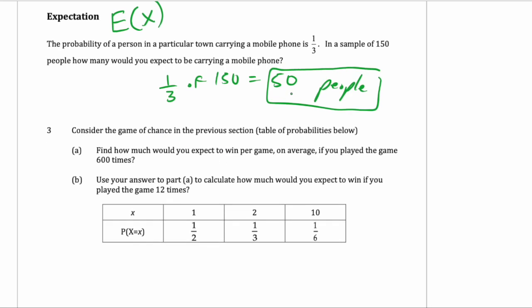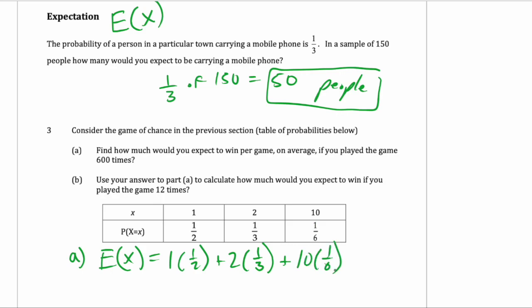So that's what we do when we're doing expected value. Let's consider a game of chance, and this is the probability distribution. Find how much you would expect to win per game on average if you played 600 times. So the expected value, if we play once, is going to be 1 times a half plus 2 times a third, because there's a third chance of winning $2, or 10 times 1/6, because there's a 1/6 chance of winning $10.